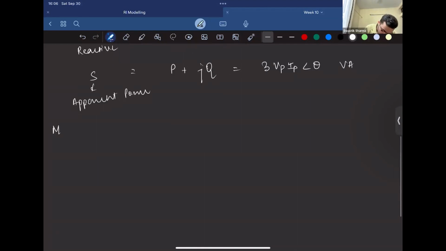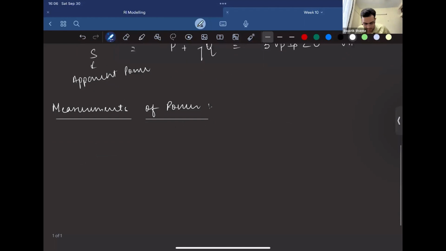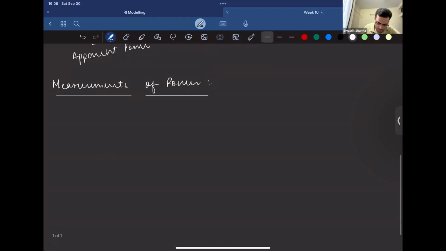Let's move on to measurements, right? So first of all, for a balanced system, there's a concept of one wattmeter method.